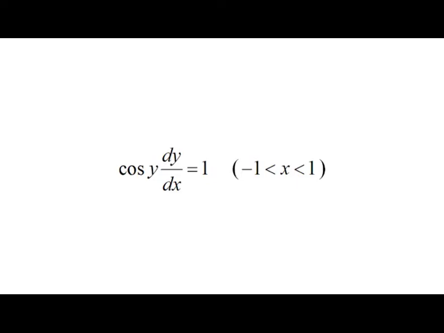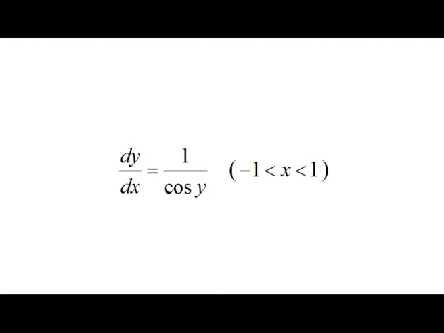Differentiating sin y equal to x with respect to x gives, by an application of the chain rule, cos y into dy by dx equal to 1 with minus 1 less than x less than 1. As cos y is not equal to 0 when minus pi by 2 less than y less than pi by 2, dividing the above equation by cos y, we obtain dy by dx equal to 1 by cos y in the range minus 1 less than x less than 1.